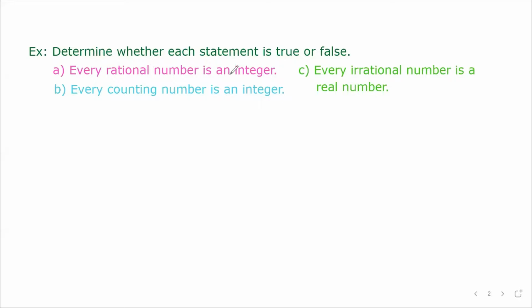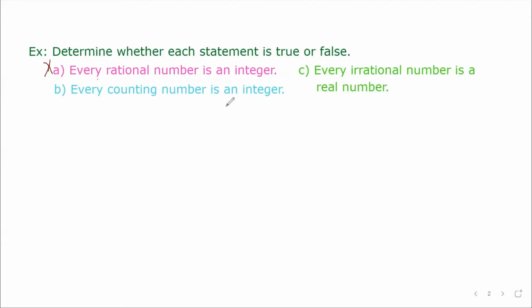Because for example, a decimal is not an integer, so this one is wrong. Okay, B, every counting number is an integer.